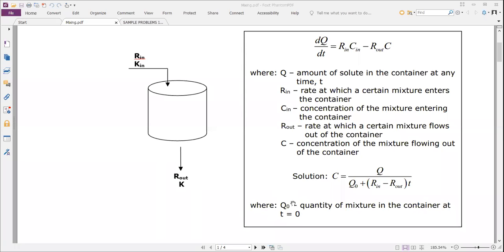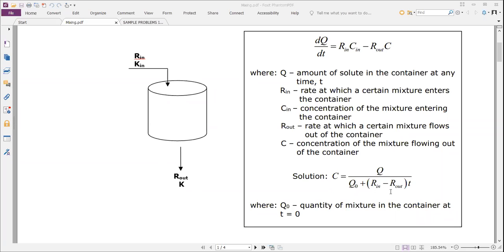Now for chemists, they know that if it's volume, it's represented by V. So in here, you can change this Q sub 0 to V sub 0, so you won't get confused with the Q that is being used in here. The Q sub 0 again is the initial volume of the liquid inside, or of the mixture inside the container.